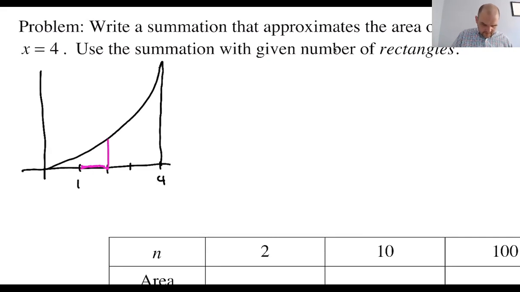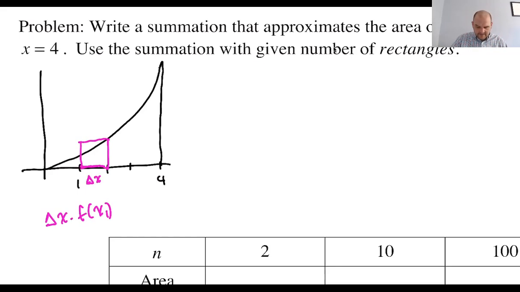Then I'm going to go up and then across and down. If this is delta x, the area of that rectangle is just going to be delta x, the base, times f of x sub 1. x sub 1 is definitely 2 because we're making 3, but that would be the area of that particular rectangle.